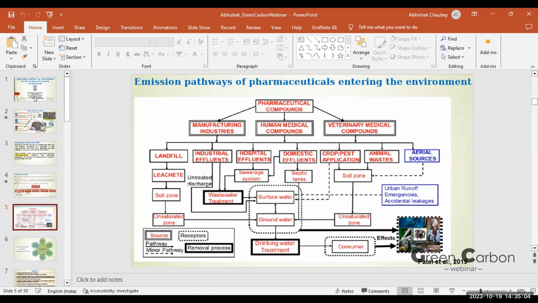Ultimately, they go to the landfill and different treatment technologies like hospital effluents, industrial effluents, and from there they go to the wastewater treatment plant, and from there they further infiltrate into the surface water as well as the groundwater, and it will ultimately come to the consumer, and it will show its harmful or negative effect as stated.